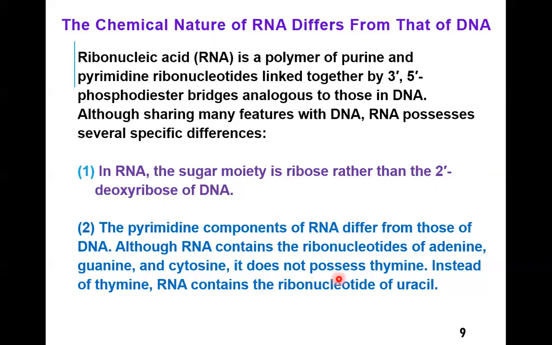It does not possess thymine; instead, RNA contains the ribonucleotide of uracil. So in both DNA and RNA, we have 4 nucleotides. In RNA, we have adenine, guanine, cytosine, and uracil. In DNA, we have adenine, guanine, cytosine, and thymine.